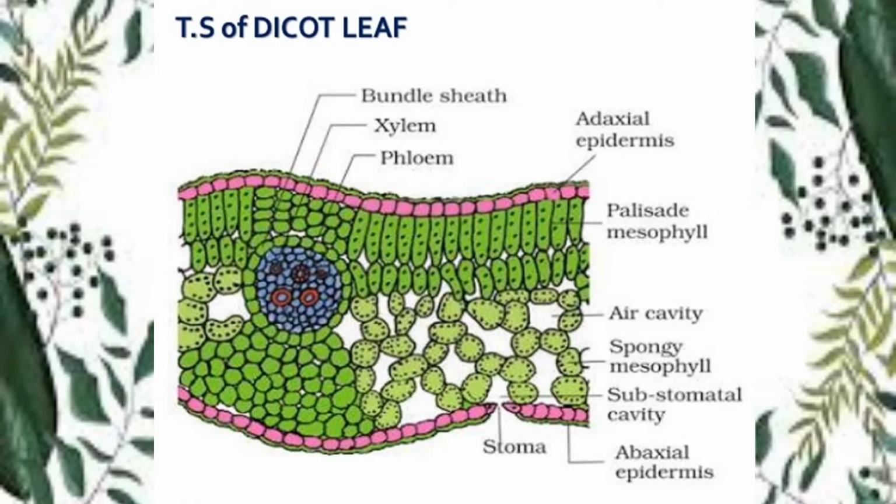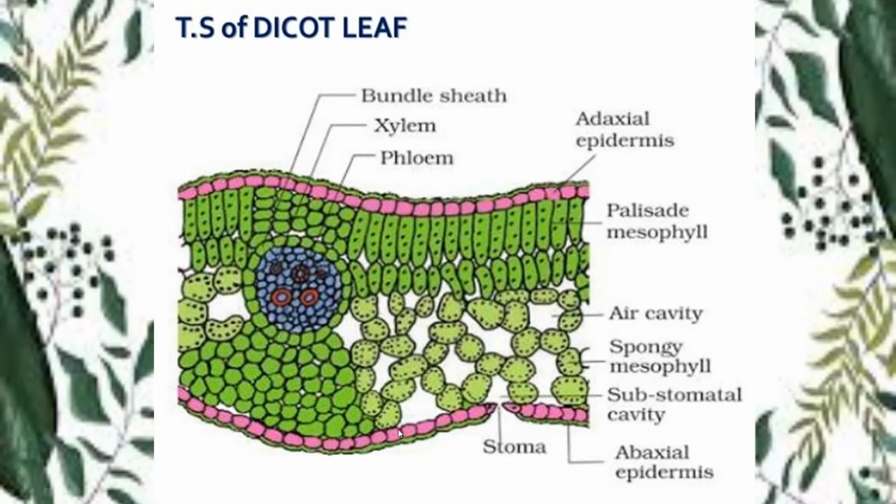Why? Because a stoma is an opening, right? So if it is present more in number in the upper surface, then transpiration will occur, meaning the evaporation of water will occur and the leaf will wither or get dry.